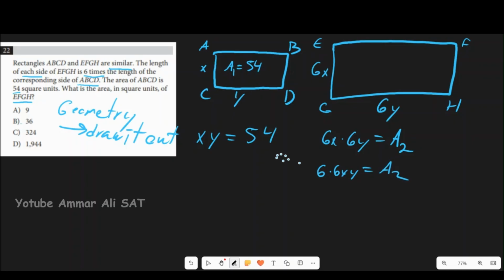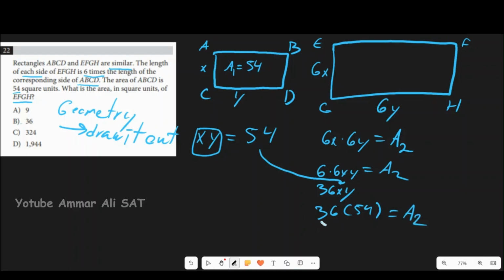But look at that, we have 6 times 6, which is 36, times xy. And oh my gosh, we have an xy right here, so that goes right there. So then we have 36 times 54 is equal to A2.